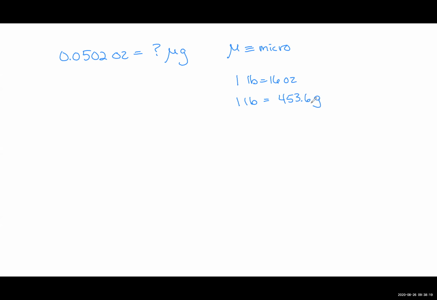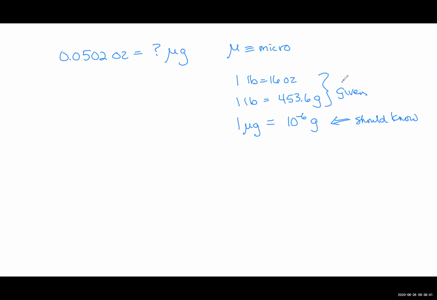Those would be the only two that would be given to you. Now, you'd also need to know from within the metric system that 1 microgram is equal to 10 to the minus 6 grams. This one really you should know, by memorizing the metric prefixes. These would be given in the problem.